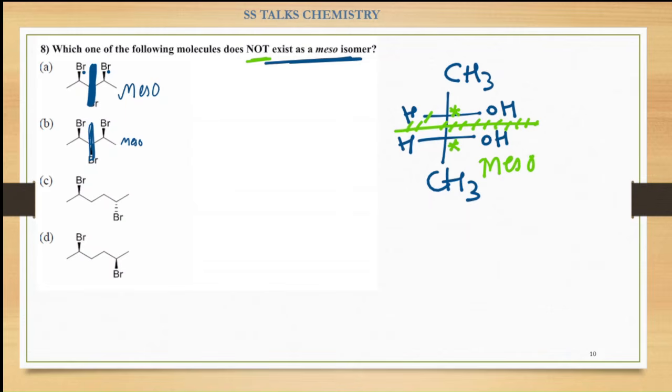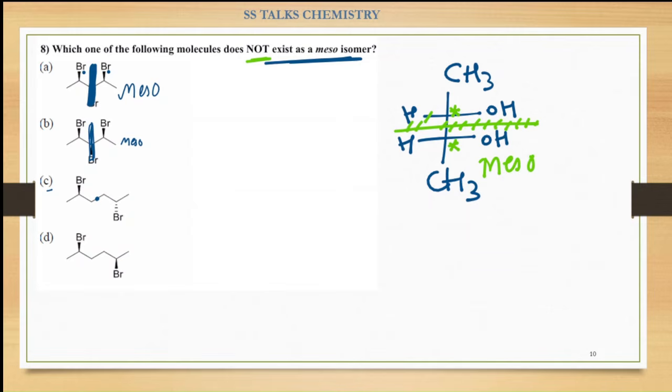Okay. Next, in molecule C, you can sit at the center of this particular molecule. Either you can check for the plane of symmetry or the center of symmetry in the molecule. Whenever either of these symmetry elements is present, the species is meso.